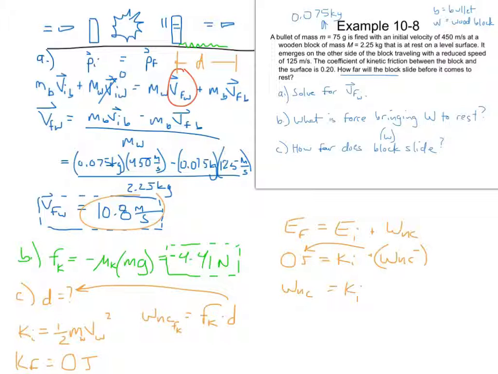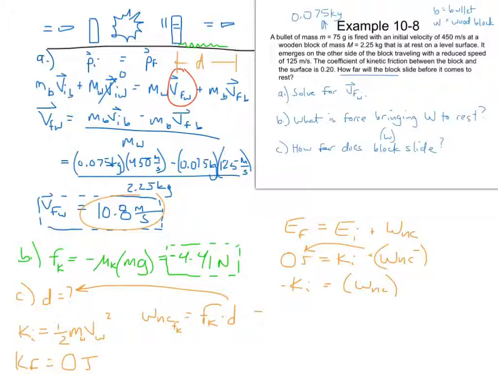You know what? I don't want to mess with our signs right here. I'm going to do the negative kinetic energy initial equals the non-conservative work that is done. And it'll make sense why in just a minute.